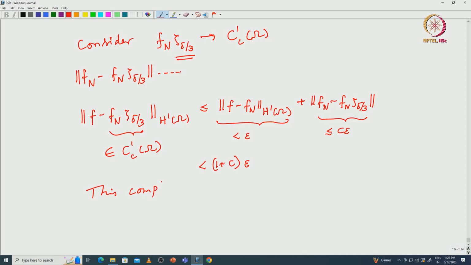Proof is hard and technical. Okay. So, with this we come to an end of this discussion on Sobolev spaces.